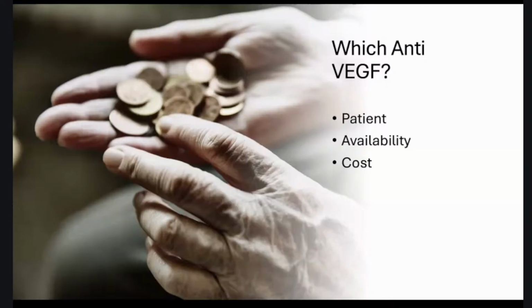So with all these options of anti-VEGF, the question could be, now, which one do we use? And I think it's related to, one, the patient. What is the patient going to respond to? Patients respond differently to different agents. It could also be the treatment interval that might be a factor.